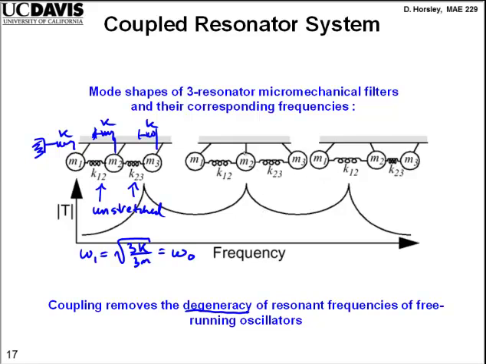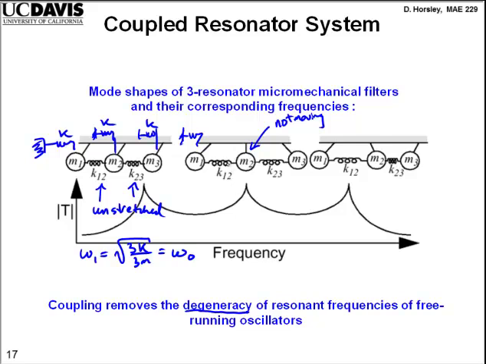There is an intermediate frequency where this guy is not moving, so his spring actually doesn't matter. This guy has his spring right to ground, and the other guy has the same thing. So M1 and M3 are oscillating symmetrically, and neither one of them knows about the other. It's exactly like M2 is fixed to ground.